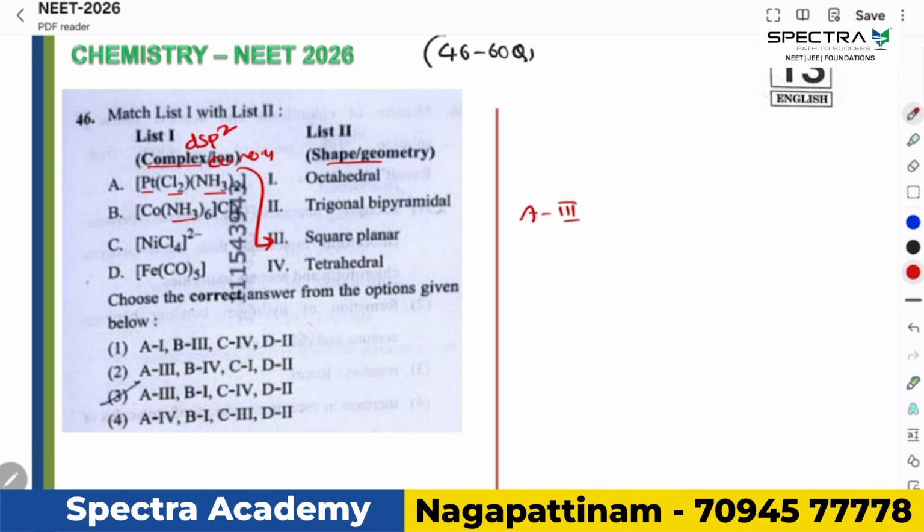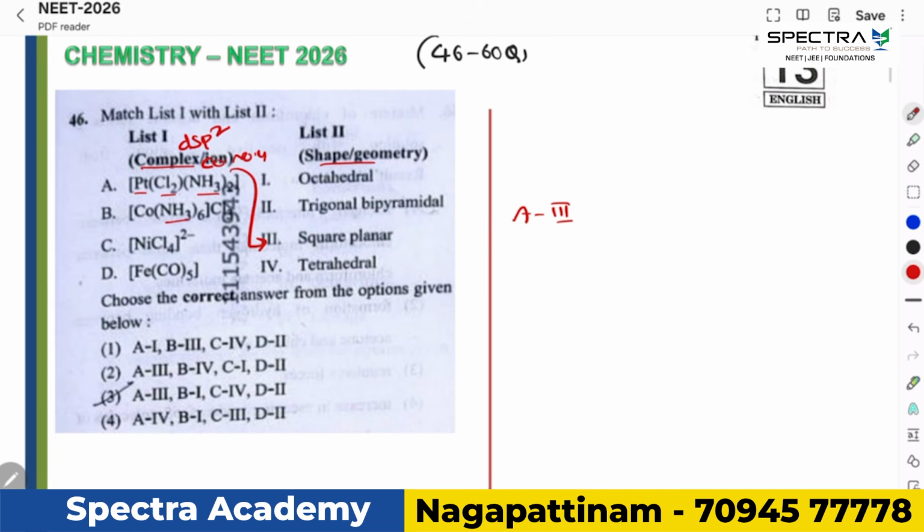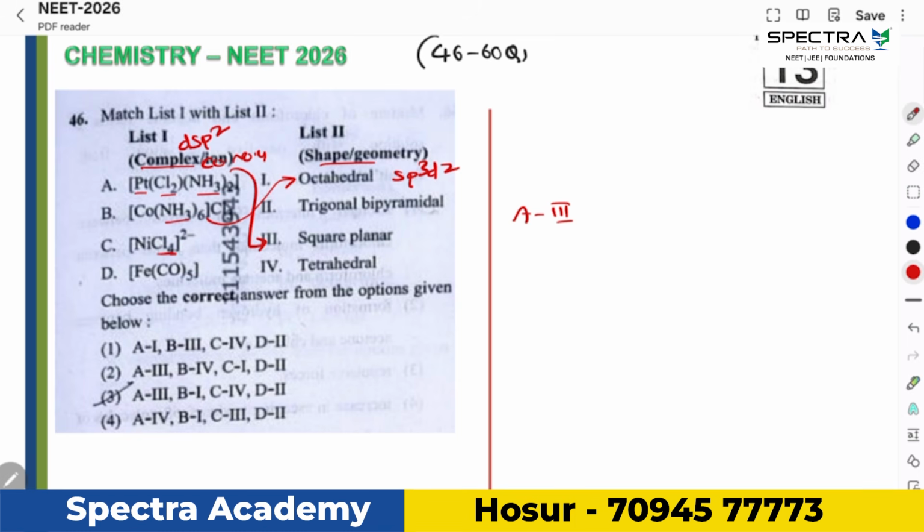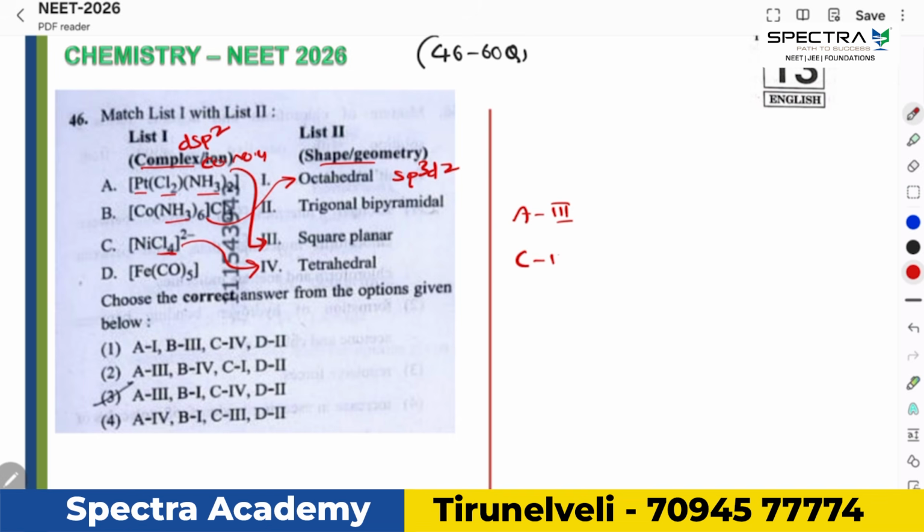Next one, cobalt surrounded by ammonia. Ammonia is a strong field ligand and the coordination number is 6, so it is sp3d2 hybridization, octahedral. And nickel surrounded by 4 chlorine atoms, coordination number 4, a weak field ligand, sp3 hybridization, tetrahedral. So C is 4, B is 1 and D is 2, that means trigonal bipyramidal, coordination number 5.